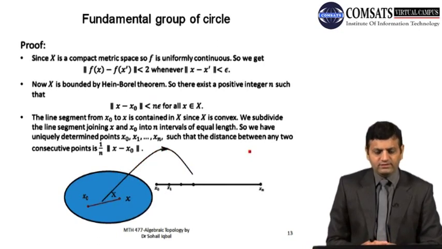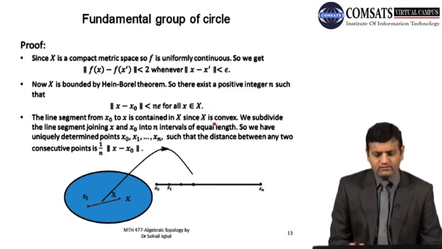Now we can take this line segment joining x₀ to x, where x is any point of the space. This line segment is going to be contained in the space X. Why is that the case?